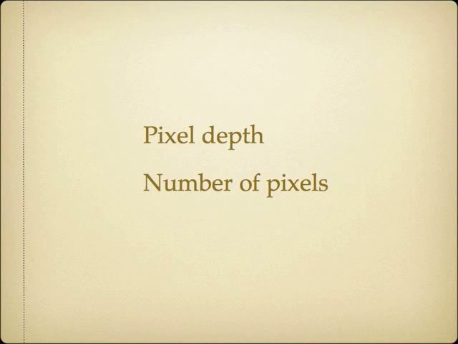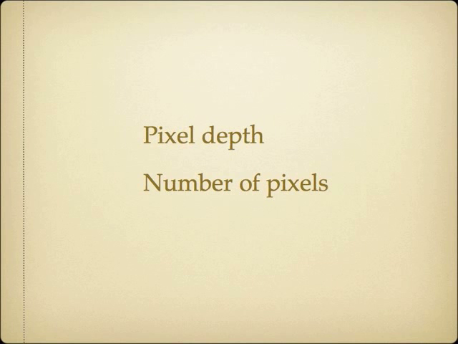So there are two main factors affecting the quality of a digital image. There's the number of quantization levels that we use when assigning a colour to the area that the pixel represents, and that's sometimes known as the pixel depth and can be measured as the number of bits per pixel or the number of different colours. The second factor affecting the quality of the digital image is the number of pixels.